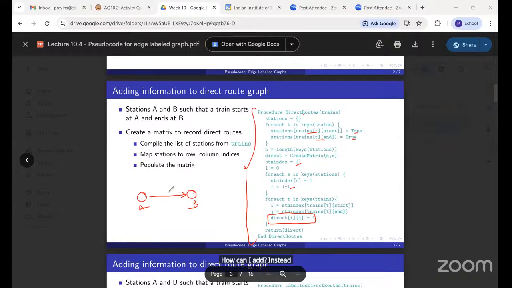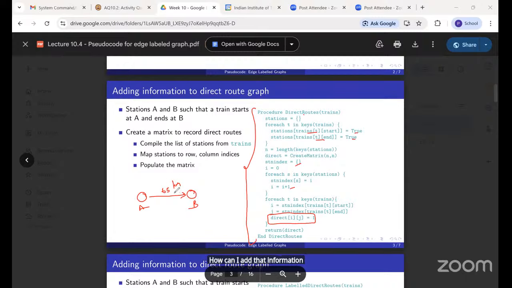Instead of just saying one denotes there is an edge, right? I want to add information like distance. For example, 65 kilometers from station A to B. How can I add that information?